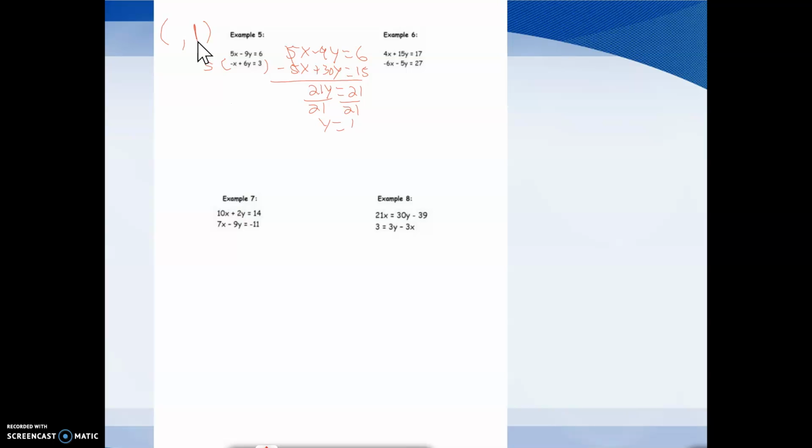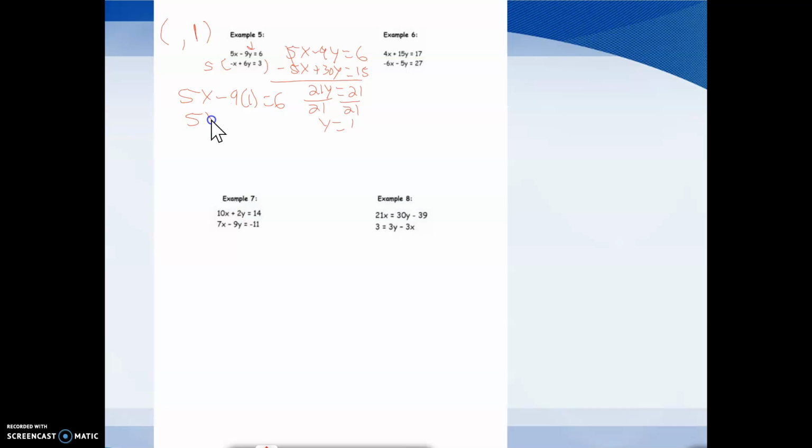Now you can plug in your y, and either equation does not matter. All right, so why not the top? So I'm going to plug negative 1 into y right here. Okay, so we got 5x minus 9 times 1 equals 6.